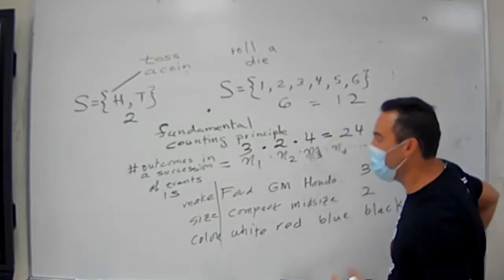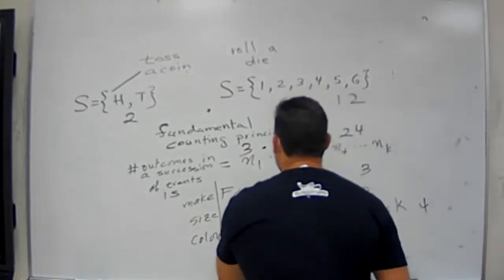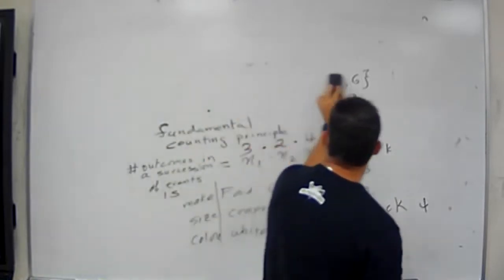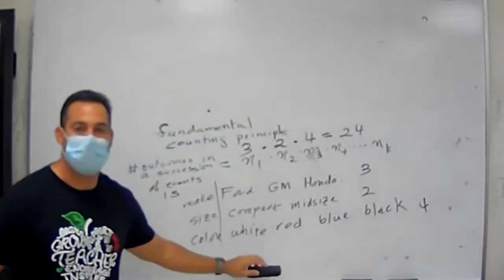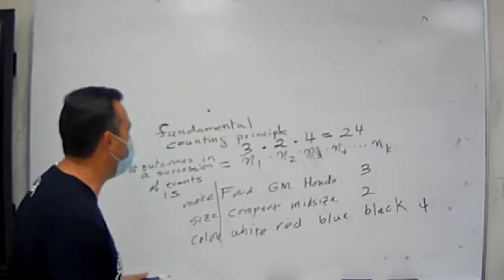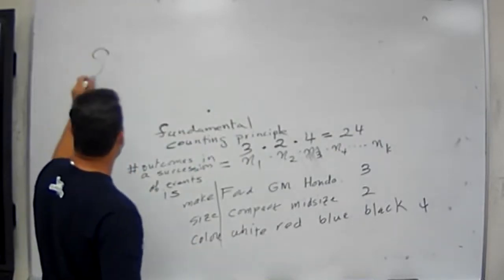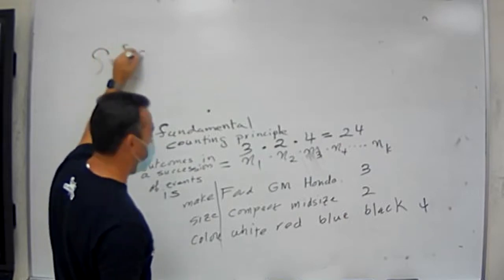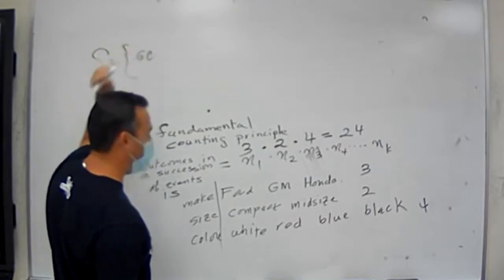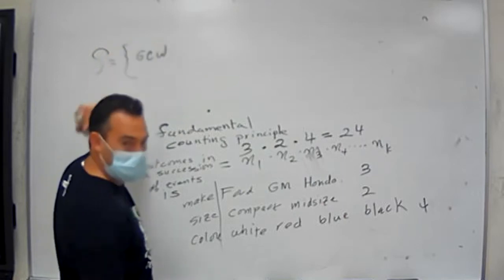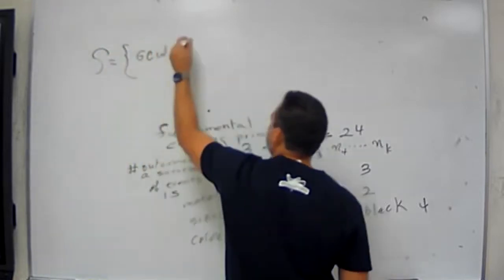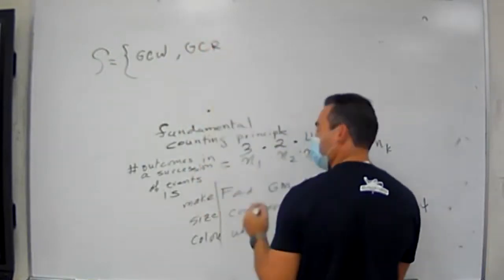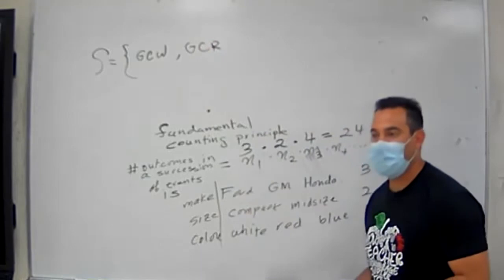You have 24 ways. So it could be a GM that's compact and white, or a GM that's compact and red, and so on and so forth.